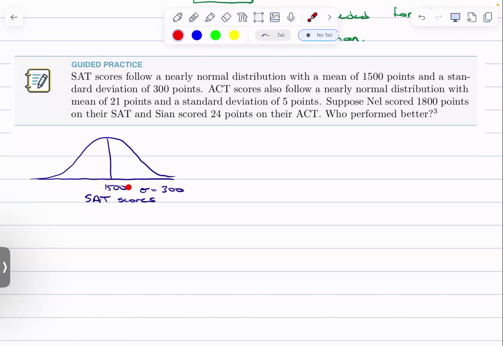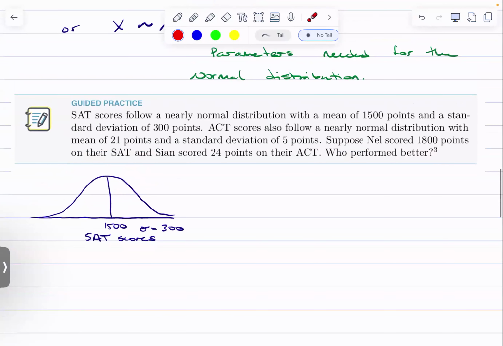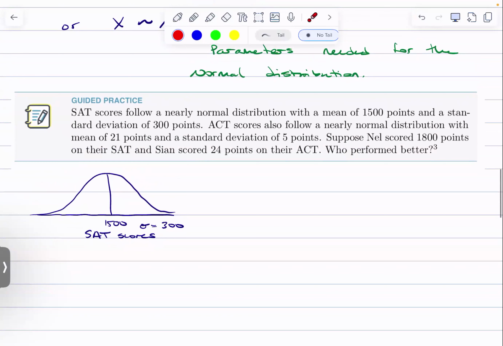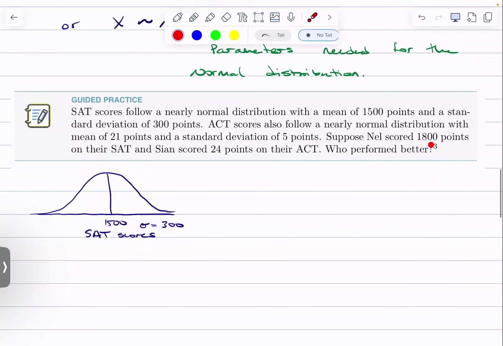Now we can find other scores. Maybe you have a score of 1,800. Wow, crazy. I think that's good. I don't know, I need to figure out what the SATs are out of. It used to be 1,600. I feel like she scored 1,800.